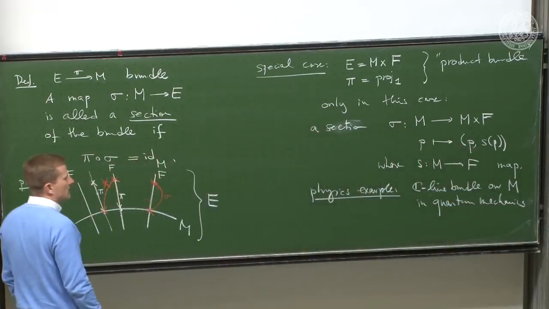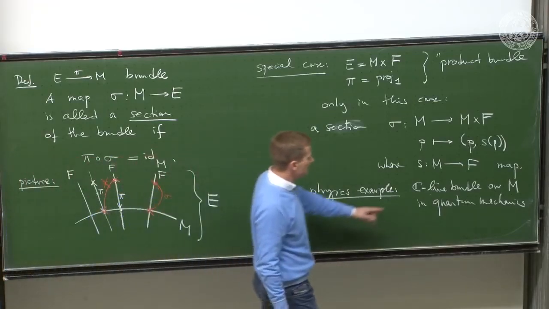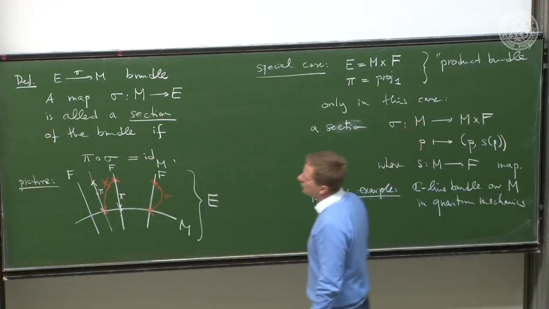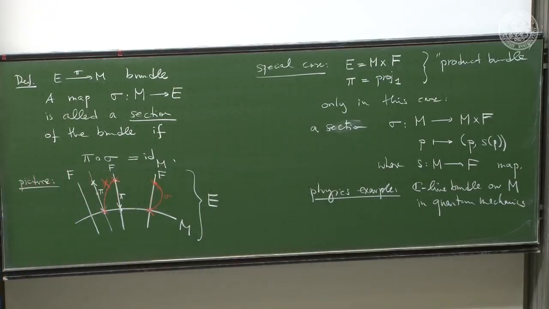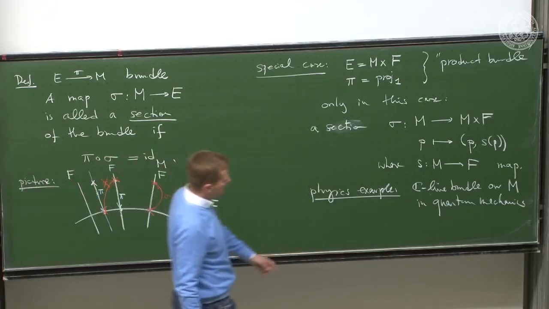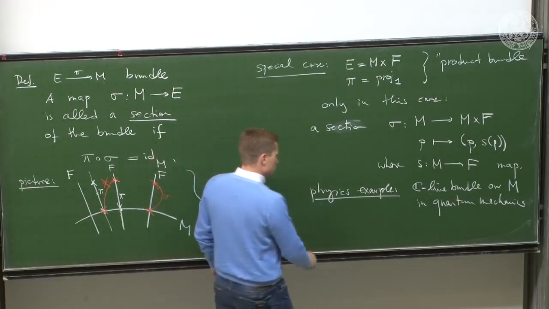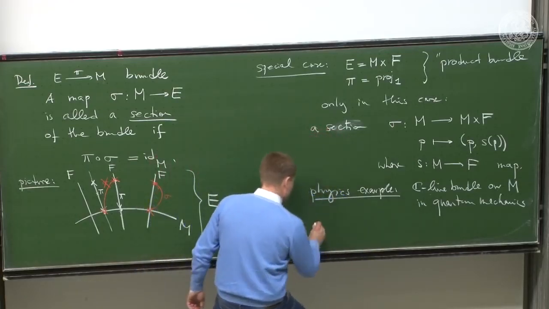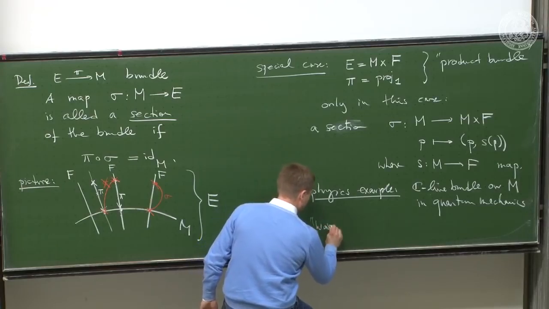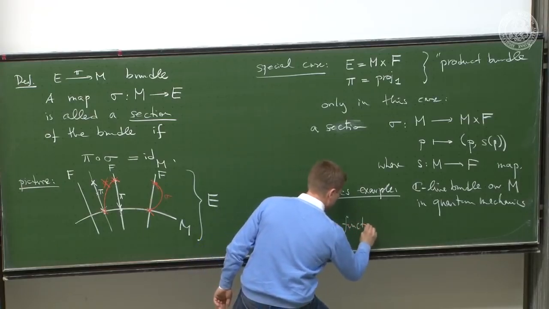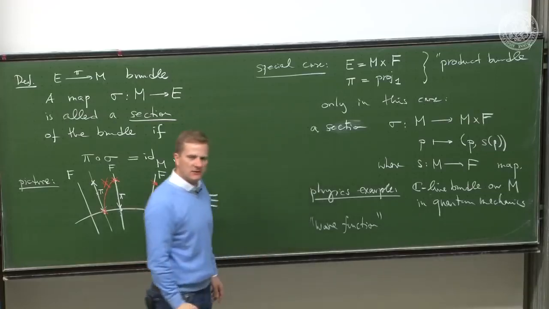And a C-line bundle need not be the product of M with C, okay? It's just a fiber bundle. And in fact, what is usually called a wave function in quantum mechanics is not a function at all.